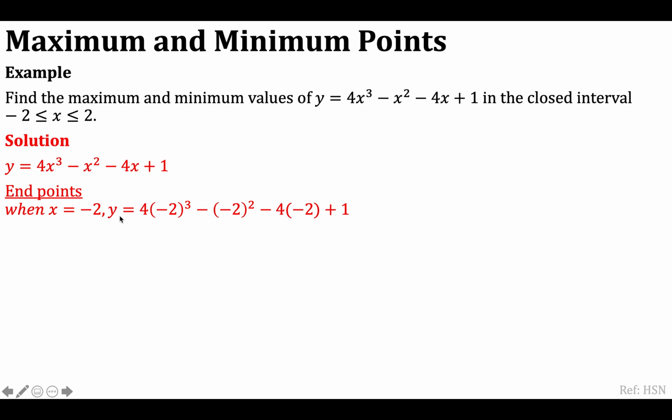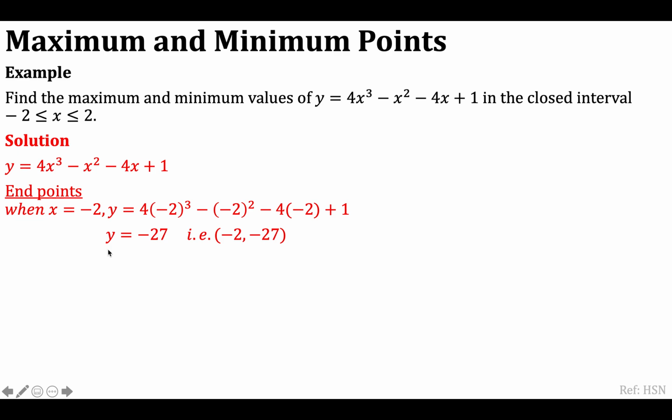So we take our equation and we substitute negative 2 in there. So where there's an x, we're substituting in negative 2. So 4 multiplied by negative 2 all cubed minus negative 2 squared minus 4 times negative 2 plus 1. And when we calculate that, we get y equals negative 27, which corresponds to the point (-2, -27).